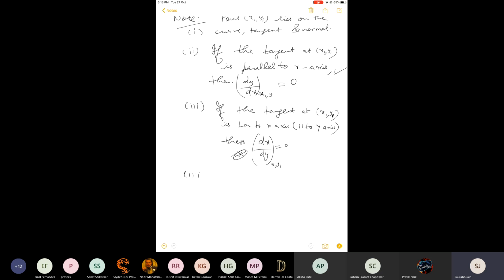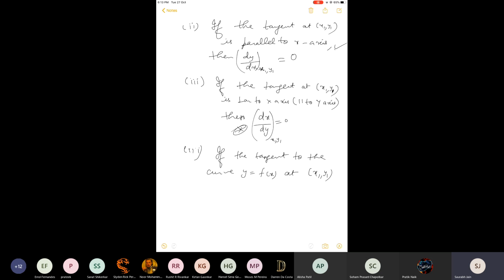Then the third point. If the tangent to the curve y equals f(x) at x1, y1 makes equal intercepts with the coordinate axes, with the coordinate axes, plural form.